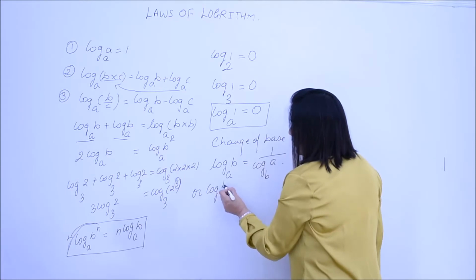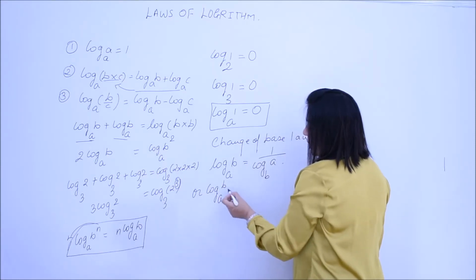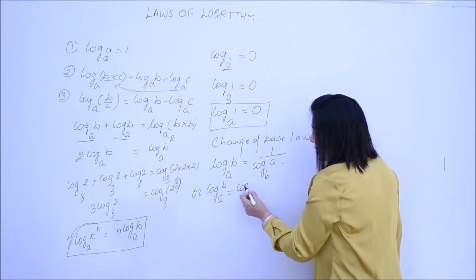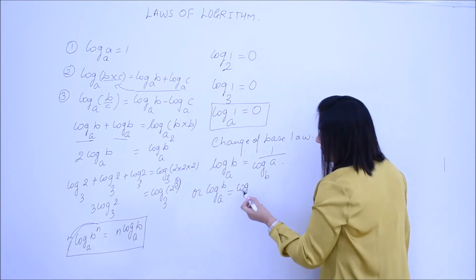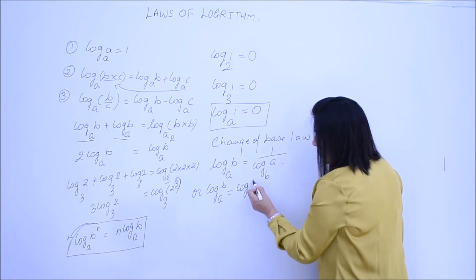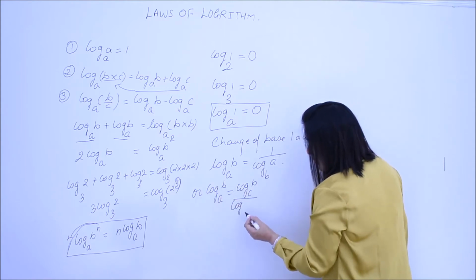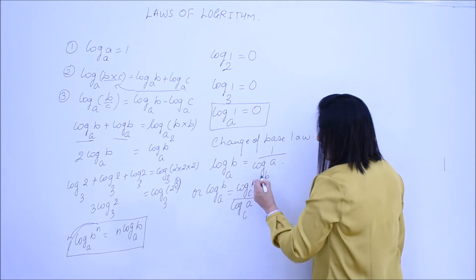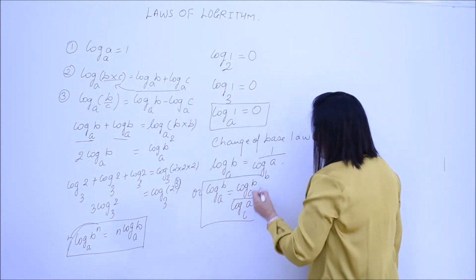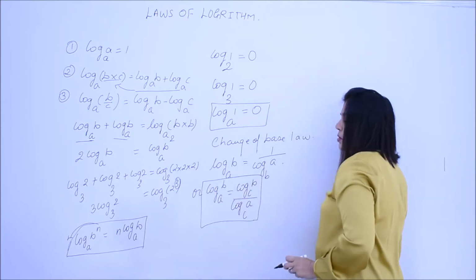So if I have log to the base a of b, I can change the base, and I'm going to write base c: log base c of b upon log base c of a. So let's derive this law.